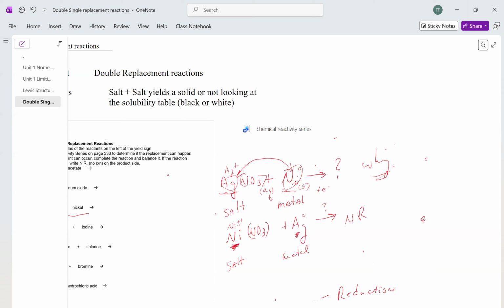Now, in our wet lab next week, we'll be doing this again only in real time. You're going to be dropping the solution of silver nitrate onto the metal nickel, and you'll see something may happen. In this case, because the nickel is higher than the silver, the nickel dissolves and the silver comes out as the metal.